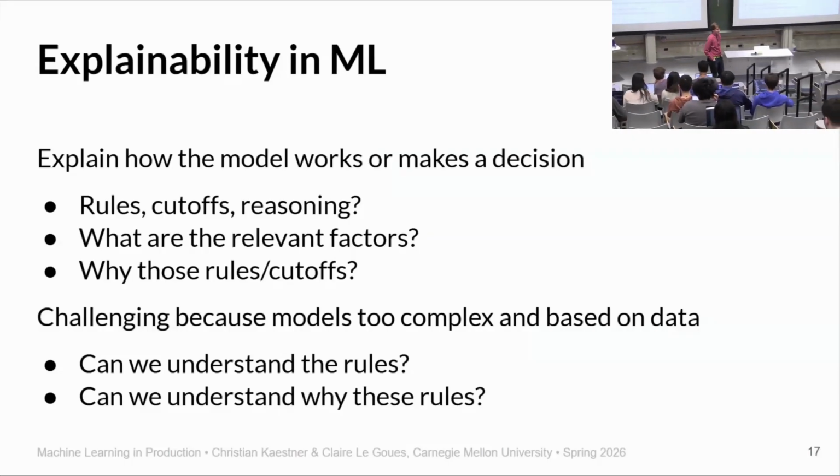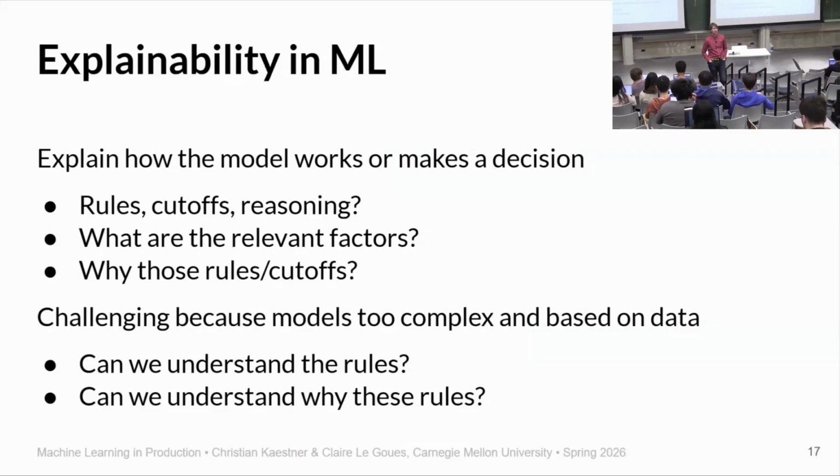We started often with simple models like decision trees and linear models where we still had some idea of how they worked, but then these days we use large language models with billions of parameters where we have no idea how they work. But we often want at least some idea of what's going on here, and that's what we're talking about mostly today.